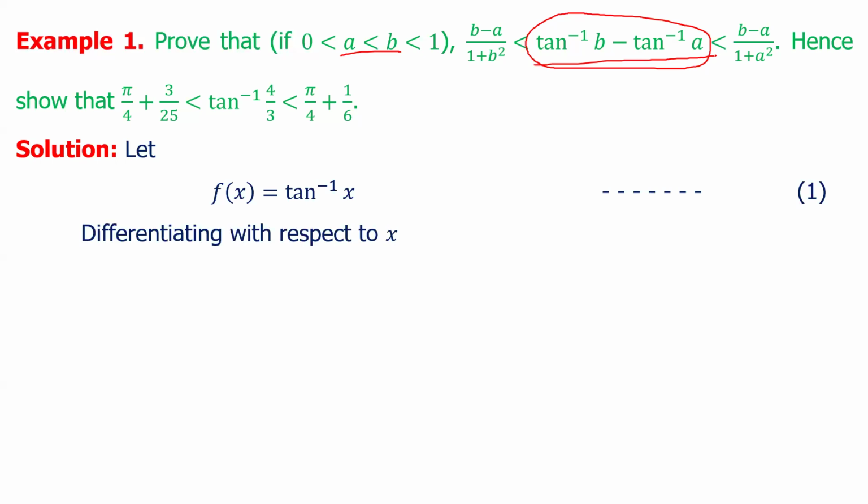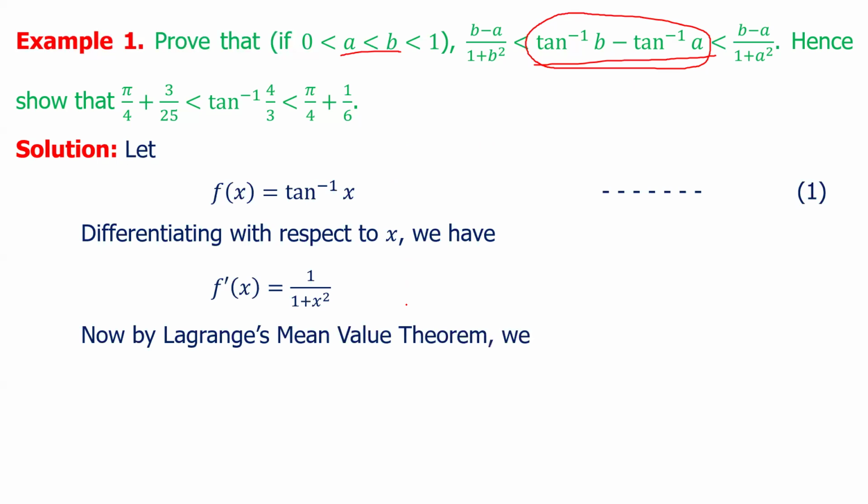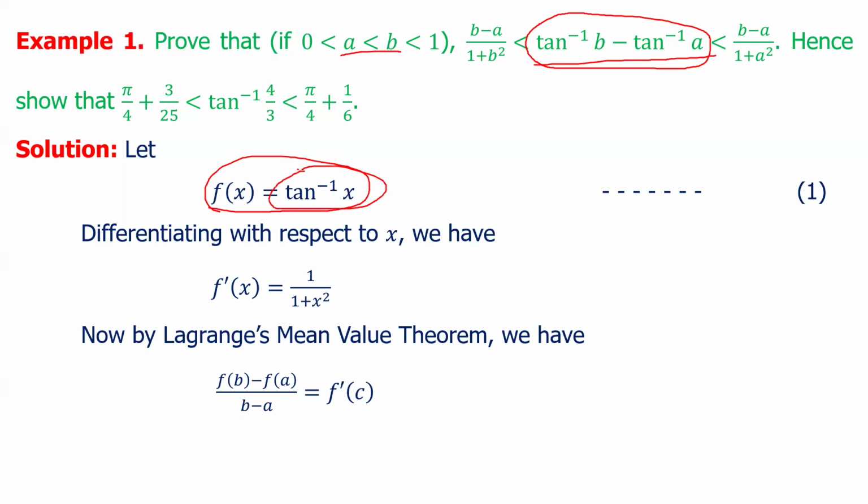Let us differentiate this with respect to x. We have f'(x) equal to the derivative of tan inverse of x, which is 1 upon 1 plus x square. Now, by Lagrange's mean value theorem, we have f(b) minus f(a) divided by b minus a, which is equal to f'(c). For f(b), we put x equal to b, so f(b) is nothing but tan inverse of b, and f(a) is tan inverse of a, divided by b minus a.